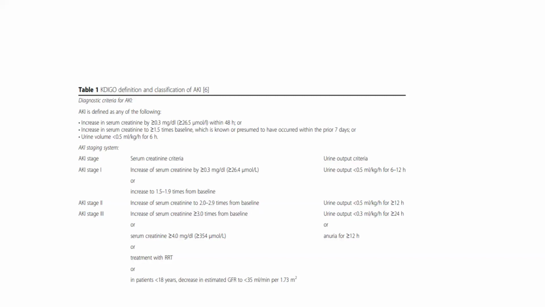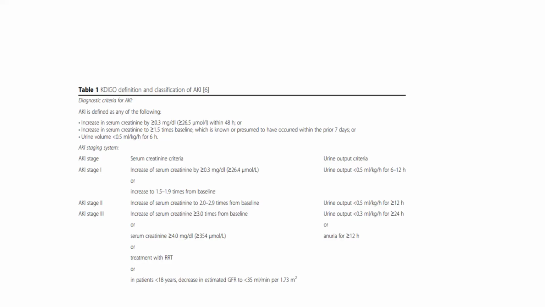Regarding the staging of acute kidney injury, AKI stage 1 is characterized by an increase of serum creatinine by more than 0.3 mg per dL, or an increase to 1.5 to 1.9 times from baseline.